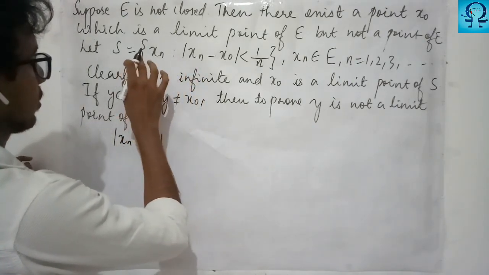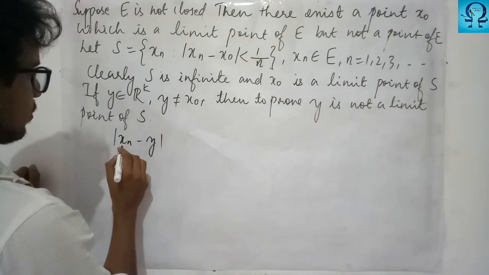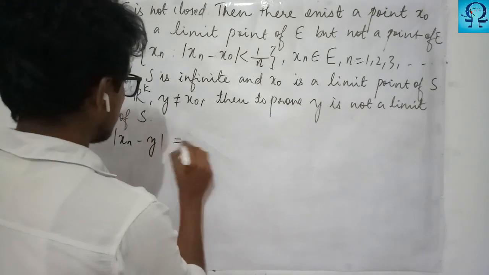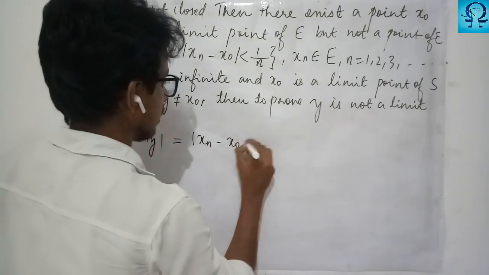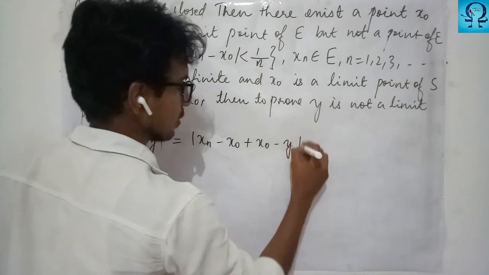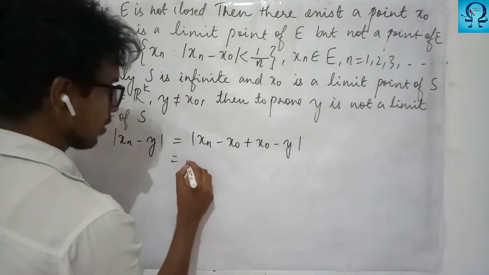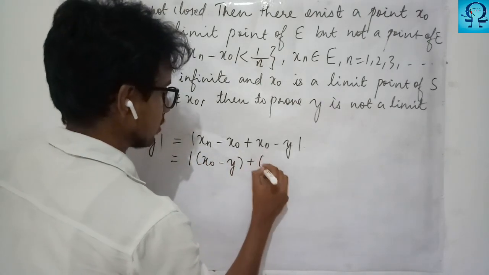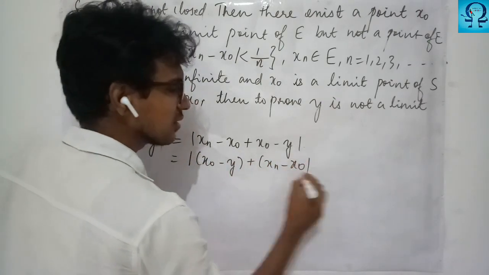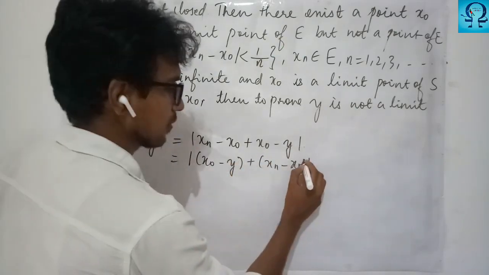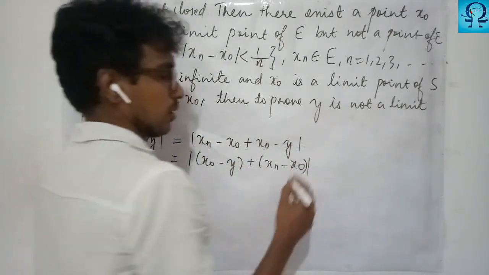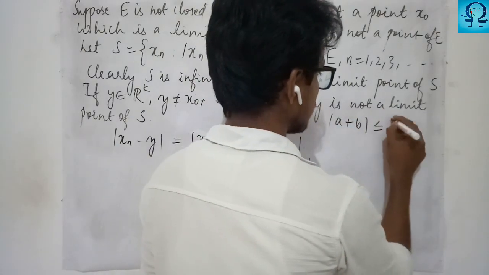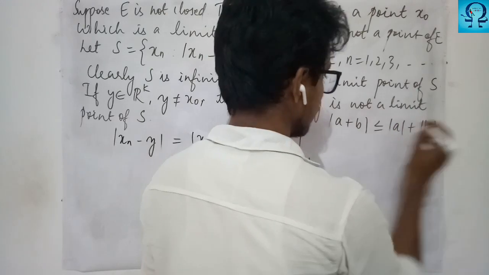Let me introduce, add and subtract this thing with this. So I am writing in this form. It is just a matter of convenience, right? And we know, in general notation, absolute of a plus b is smaller than or equal to absolute of a plus absolute of b.